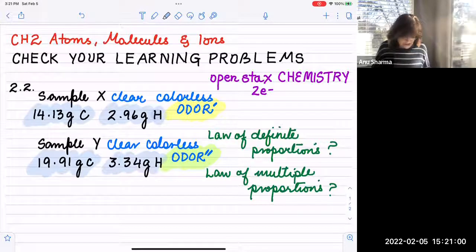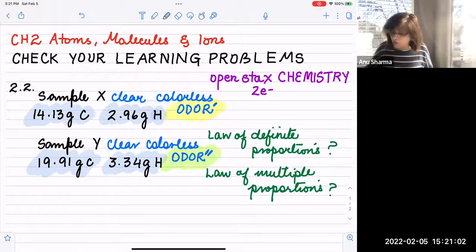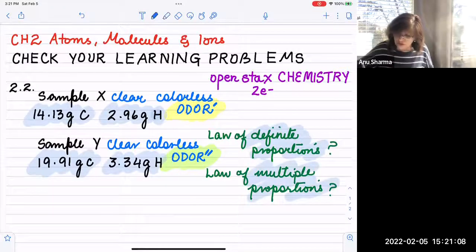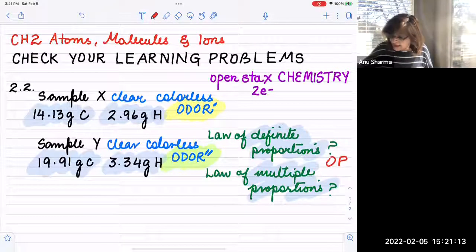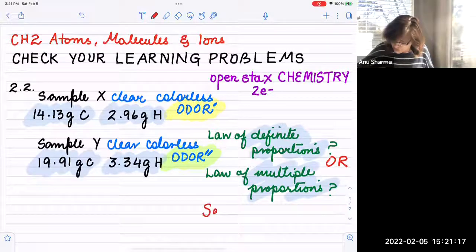So the question is, are these data an example of the law of definite proportions, or the law of multiple proportions, or neither? So which of these laws is applying? In other words, are these the same compound or are they different compounds? This is what we need to find out.